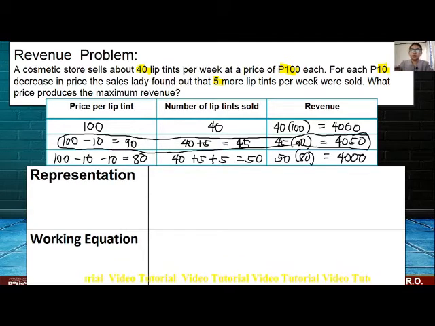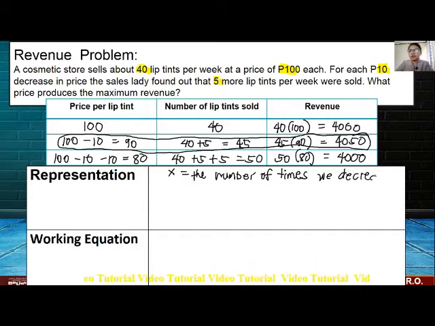Let us now represent all those facts in our problem. We let x be the number of times we decrease the price by 10 pesos.